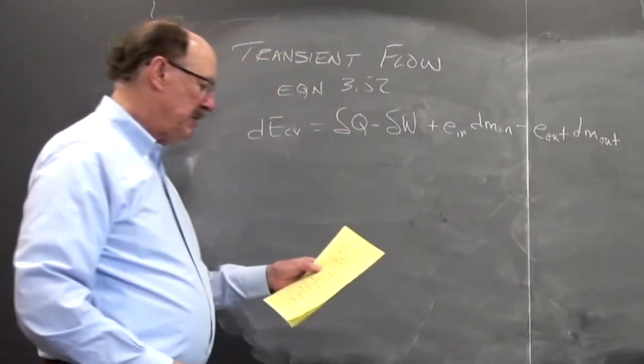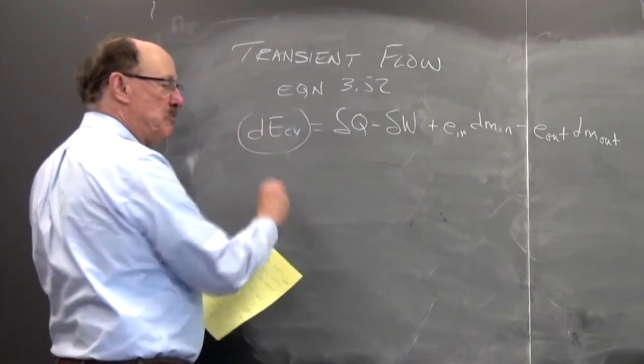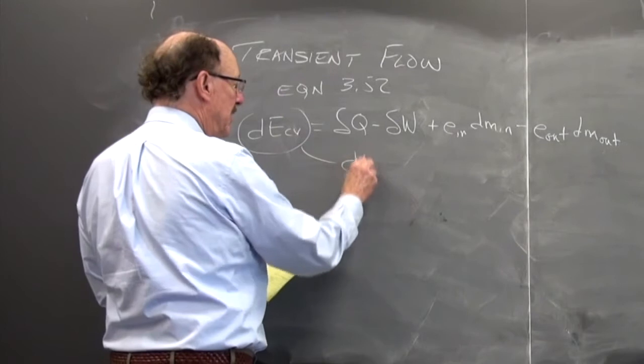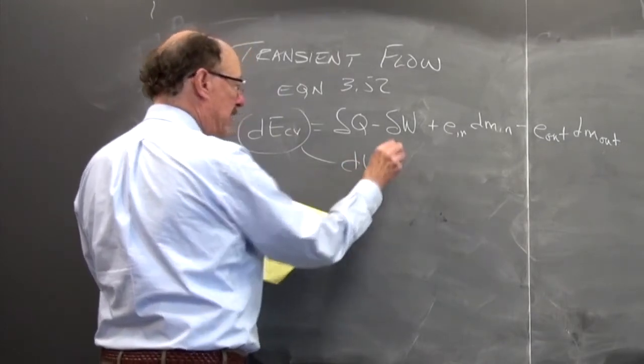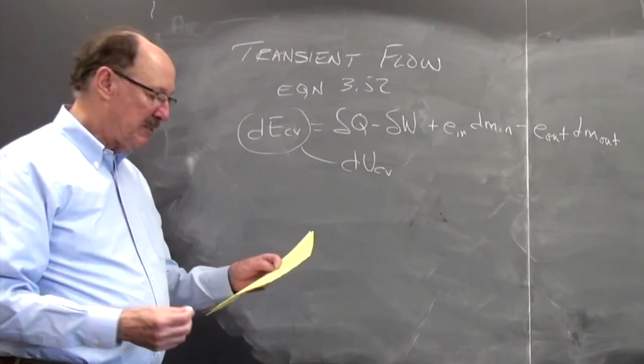And so what we're going to do is simplify this, and this energy of the control volume we'll replace as the change of the internal energy of the control volume. So we're using the familiar terminology that we've used.